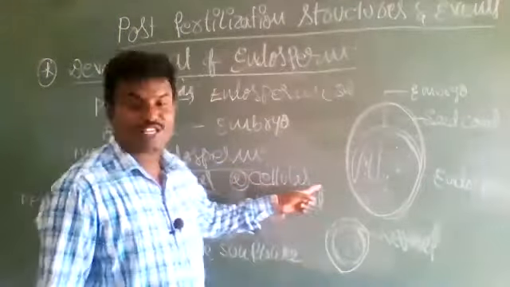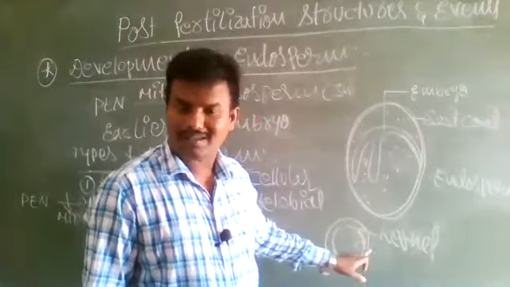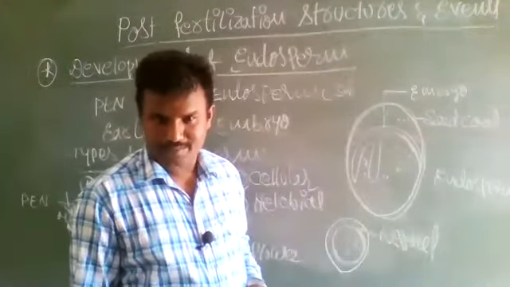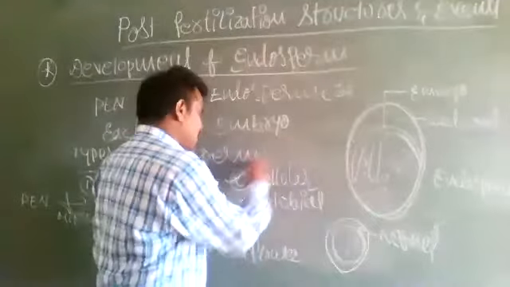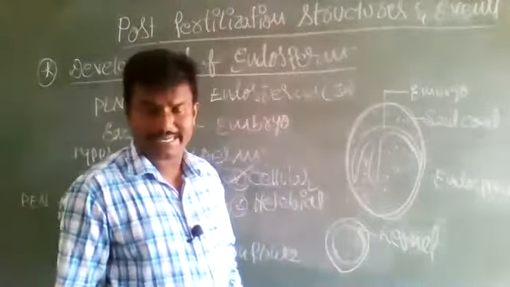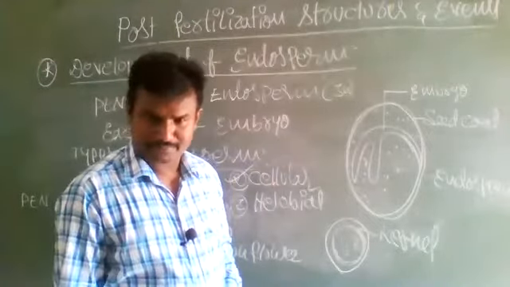So around the coconut water, the white layer, white wall is called kernel. It is a cellular endosperm. Only the coconut water contains a number of nuclei. That is free nuclear endosperm.